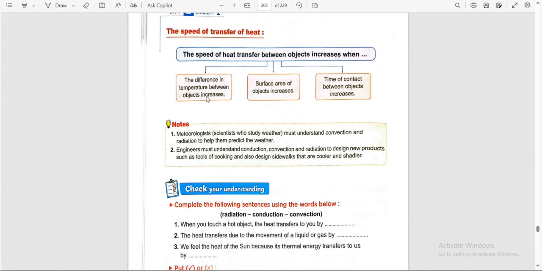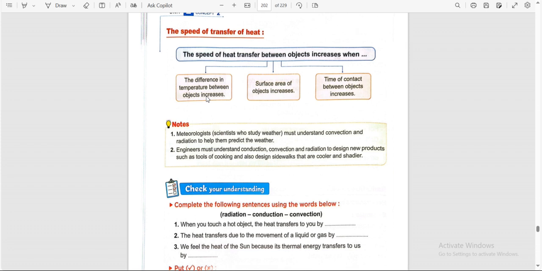One contains water that's 100 degrees Celsius, or let's say 90 degrees, and the other is 2 degrees. Of course, heat will transfer between the two much faster than if one is 10 and the other is 20. So the higher the difference between the two objects, the faster heat transfers.